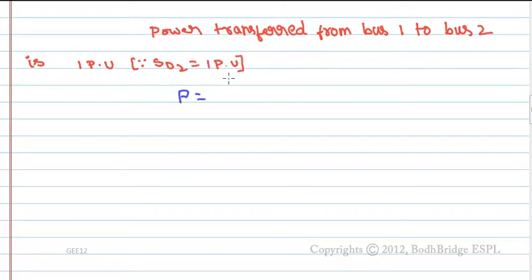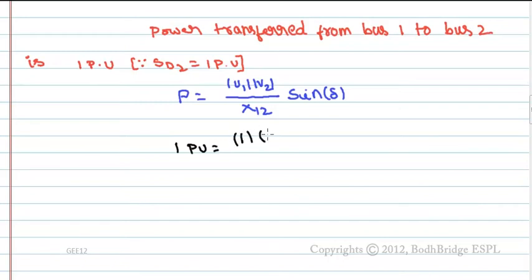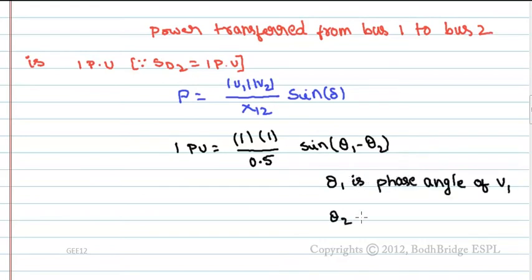P equals V1 V2 by X12 sin delta. 1 per unit equals V1, which is 1 at an angle of 0, magnitude 1, and V2 magnitude given as 1, divided by X12 which is 0.5, sin theta 1 minus theta 2. Theta 1 is the phase angle of V1, theta 2 is the phase angle of V2.